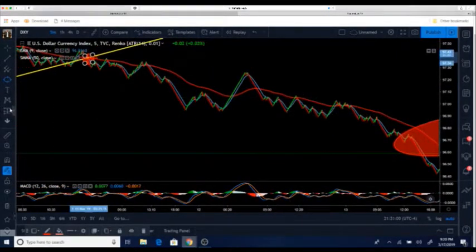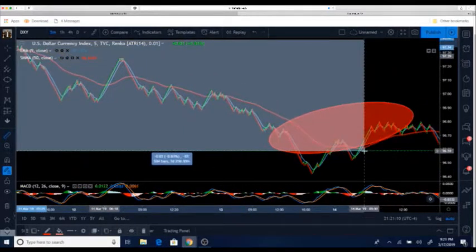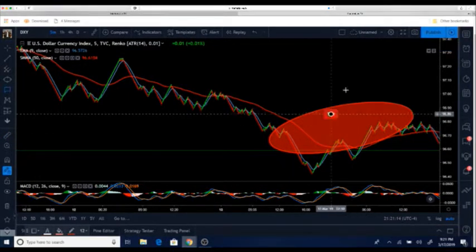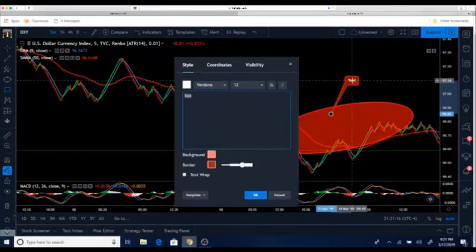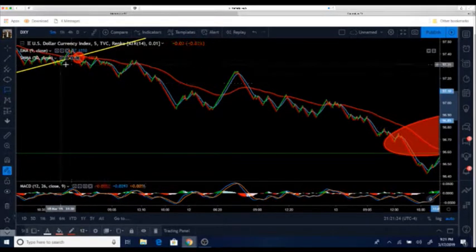See the difference from how I zoomed in on the 5 minute all the way to the 1 hour? So this right here is your 1 hour entry, right? This zone right here, 1 hour entry. This right here, your 5 minute entry.